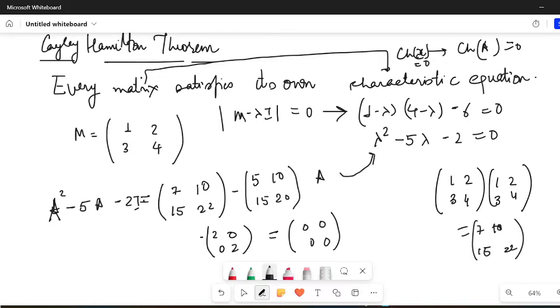This is what your Cayley-Hamilton theorem says. I hope it is clear. Please let me know in the comment section: is it something you're following or not following?